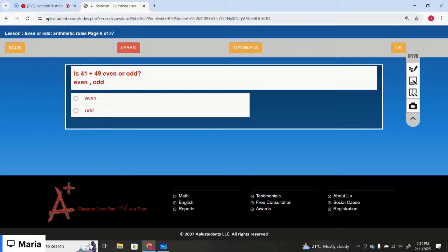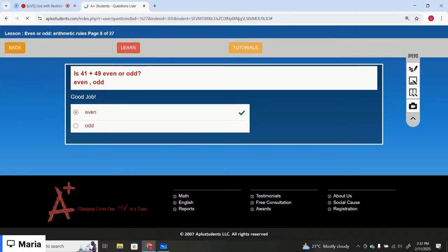Is 41 plus 49 even or odd? The sum of two odd numbers is always even. Very good. The correct option is even. Okay, you can complete the lesson by yourself later today.